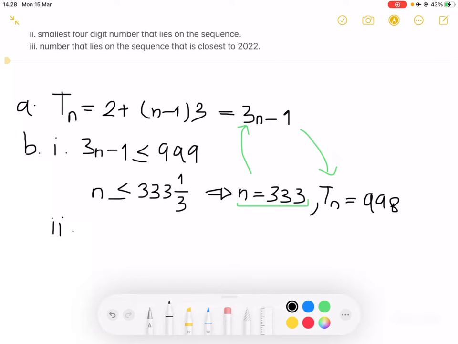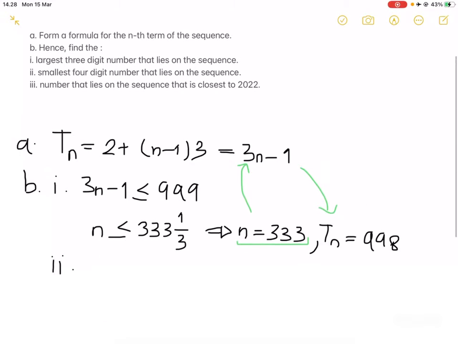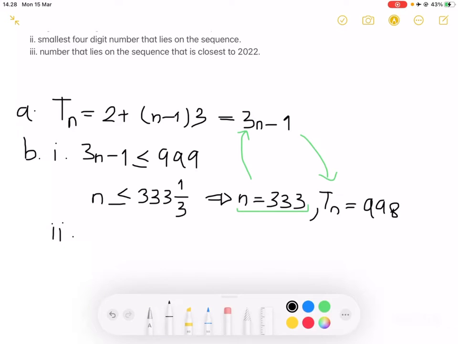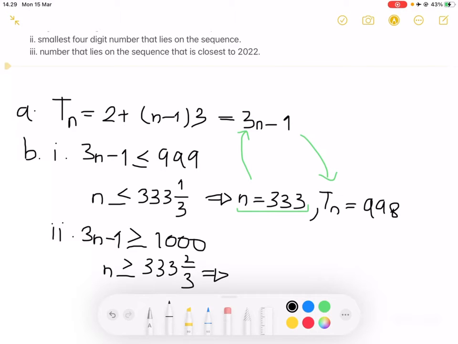Likewise, you can do this for the second part, which is the smallest 4-digit number. We can also notice that 1000 is the smallest 4-digit number. So again, we can set up an inequality, but this time greater than or equal to 1,000, and you get a solution of 333 and 2/3, which gives us, in this case, the smallest integer solution of this inequality to be 334.